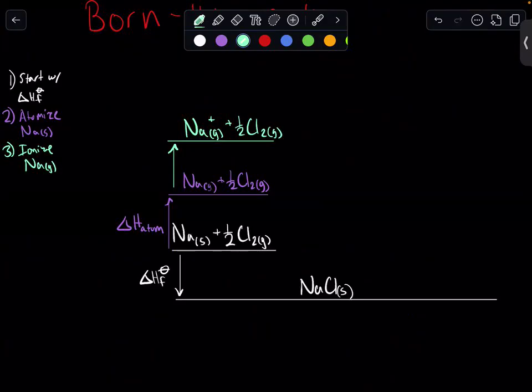So I'm going once again up for positive values and down for negative values. Now, once we have sodium in the proper position, step 3 was going to break the bond energy.